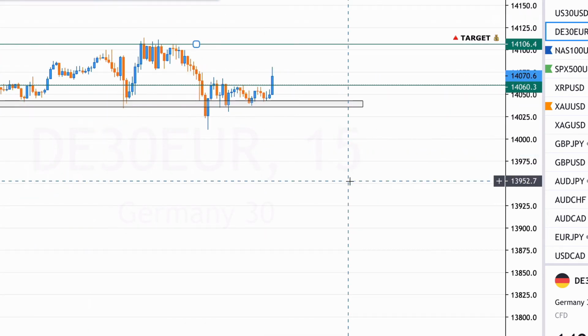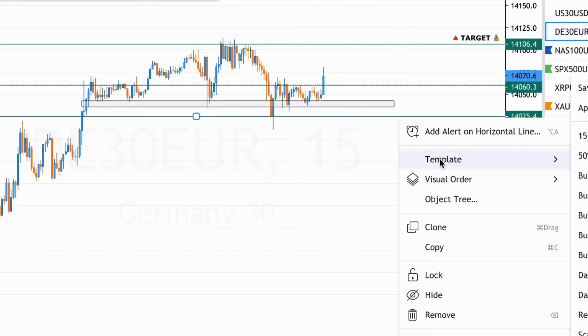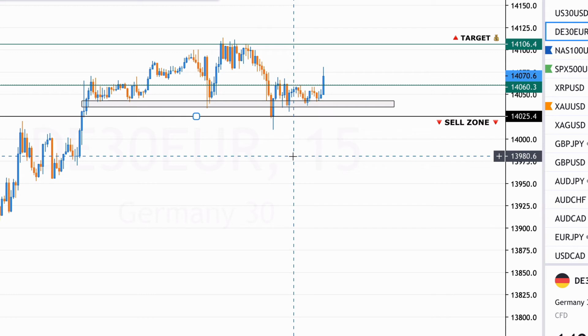Now let's see what we have. If you sell breakouts, or trade breakouts, here's your sell zone. It's nice and clean. First target is right here.